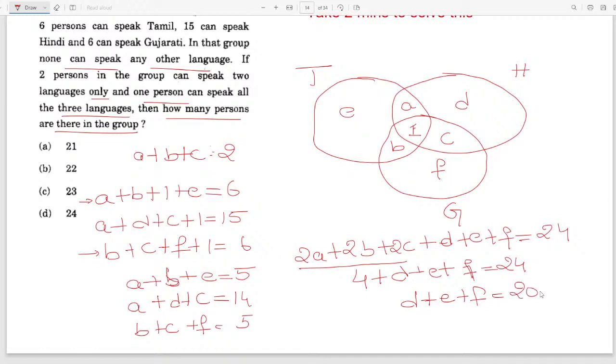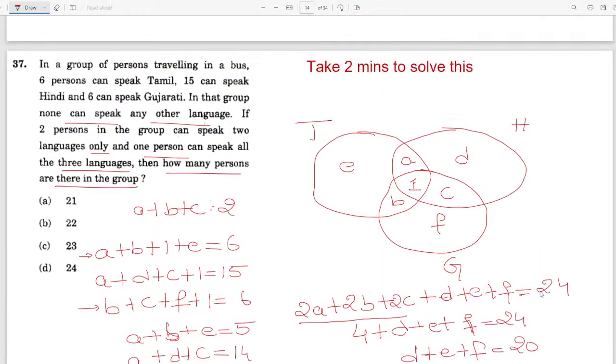Now we have A plus B plus C, we have D plus E plus F. So what we need to do is just add all the three. For the total number of people in the group, that is A plus B plus C plus 1 plus D plus E plus F. When you add all these, you would get the number of people in the group.